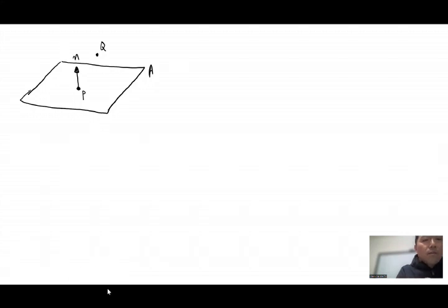This is the normal vector, and now the directional vector from reference point P to the point of interest Q could be defined by PQ, that is, vector PQ.